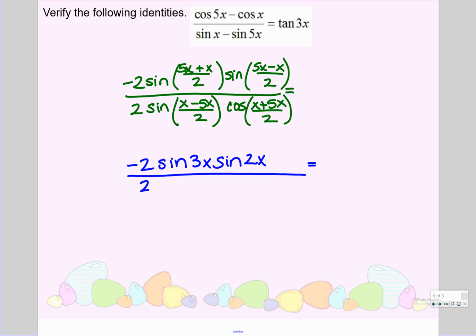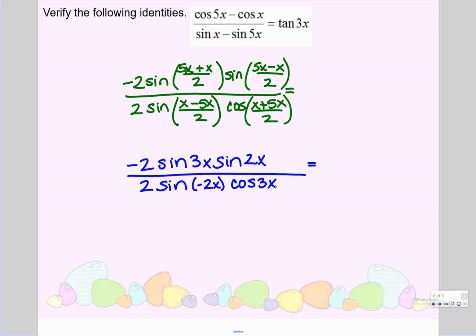In the denominator, I have 2 sine x minus 5x over 2. What's that? Bless you. -2x. And then cosine 3x.